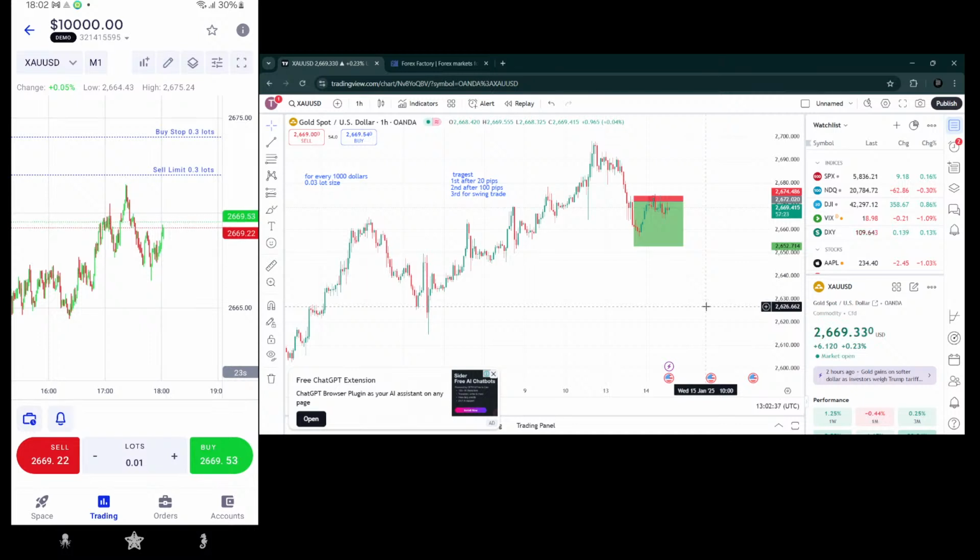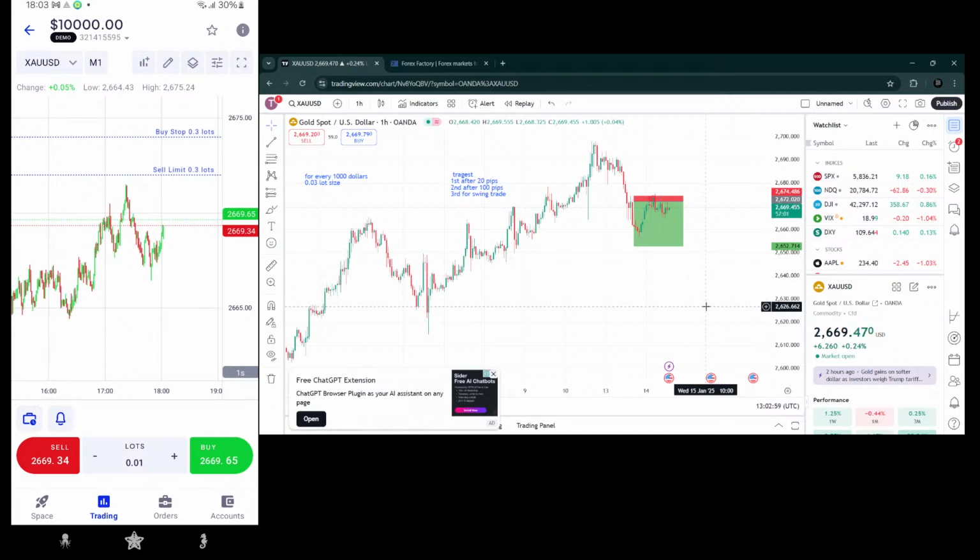Right now market is moving very slow, and after 30 minutes the market will be volatile, so be ready.